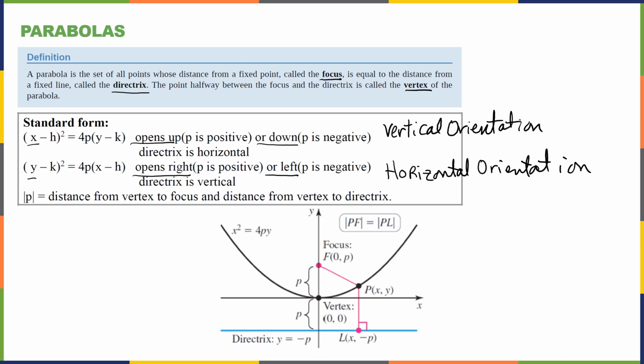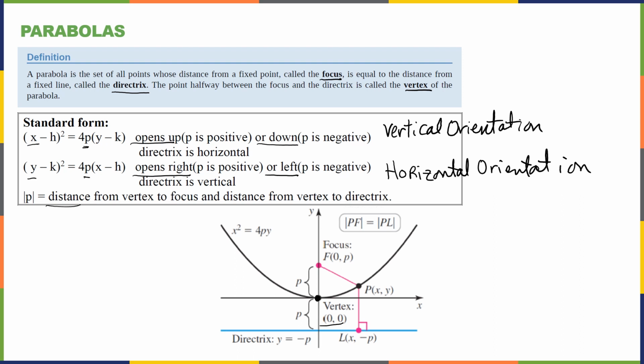The value p that you see in each of these equations represents the distance from the vertex of the parabola to the focus, as well as the distance from the vertex to the line that is the directrix. In the diagram at the bottom of the screen, we see a parabola with vertical orientation opening up. In this example, the vertex is located at the origin (0, 0), which is the simplest type of parabola to deal with.